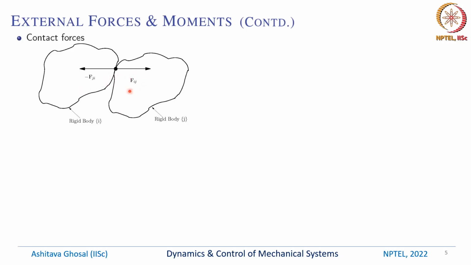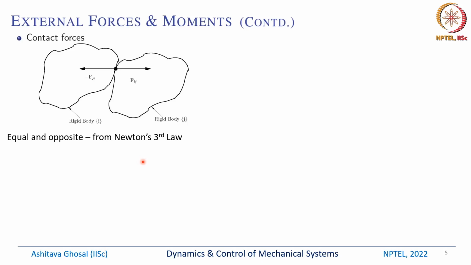Fij is the force on J due to I, and this is equal and opposite to the force on I due to J. So Fij is the same as minus Fji. These are equal and opposite because of Newton's third law.